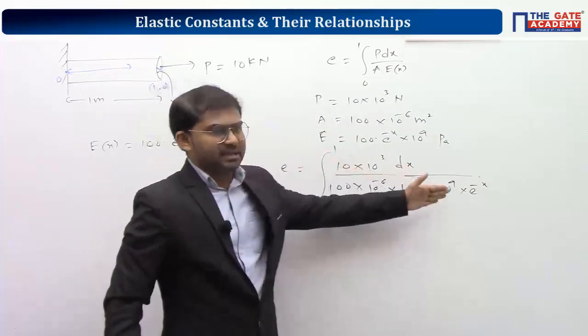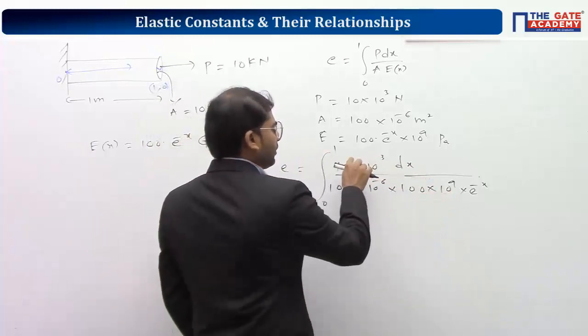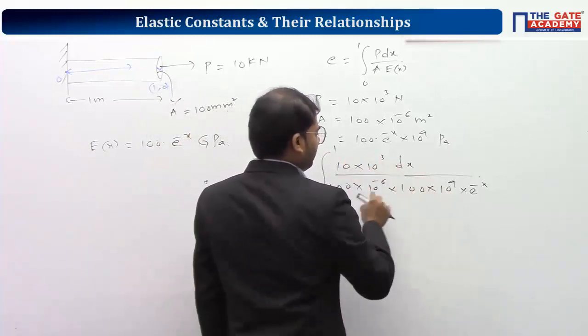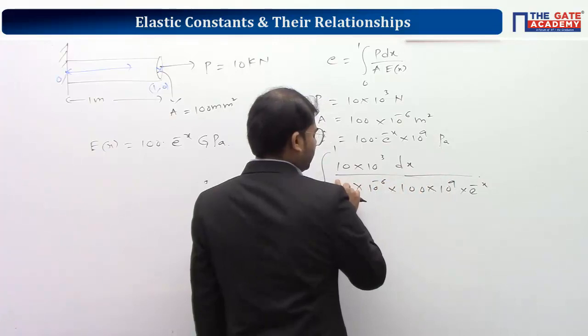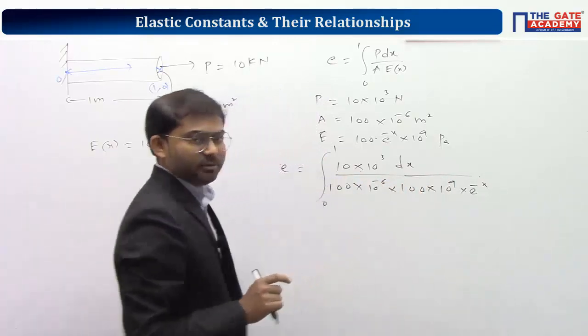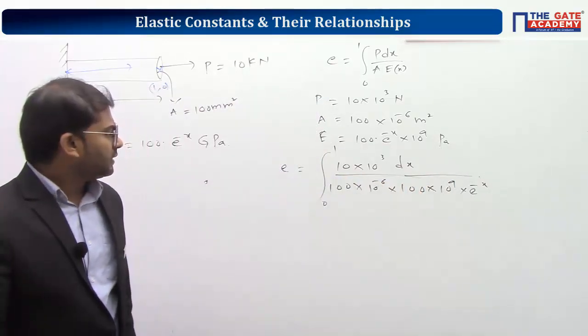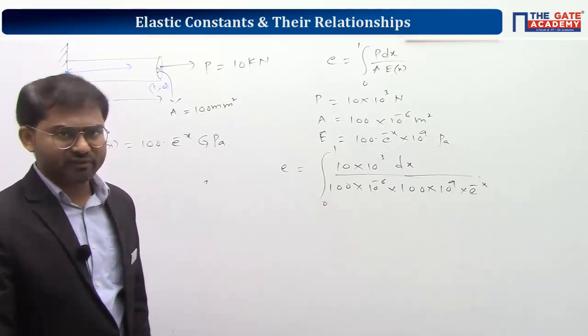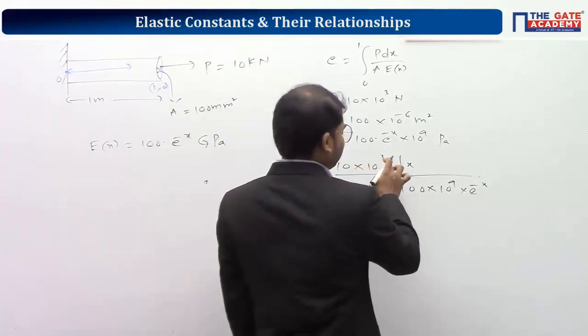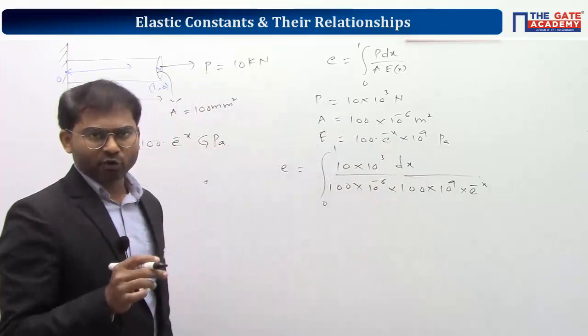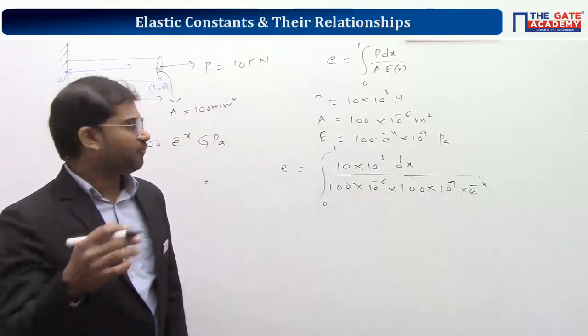Here many tens are there, we can cancel them. 10 power of 4 is in the numerator, and in the denominator we have 9 plus 2 is 11, plus 2 is 13, minus 6, which is 10 power of 7. So 10 power of 4 by 10 power of 7 is nothing but 10 power of minus 3.